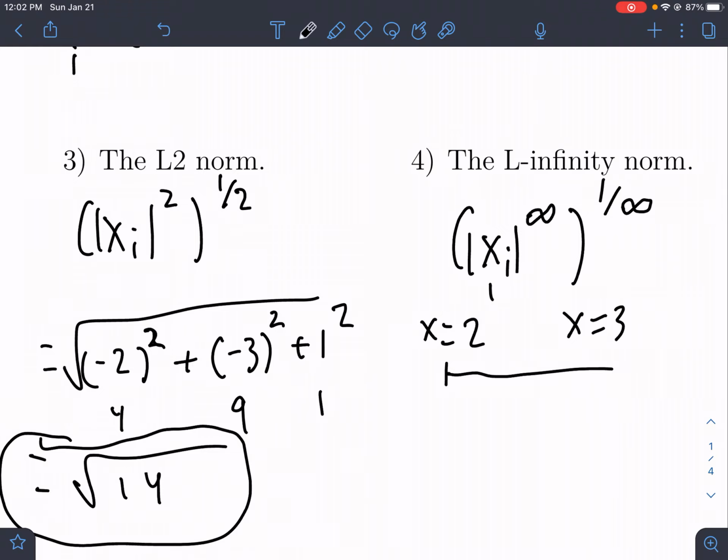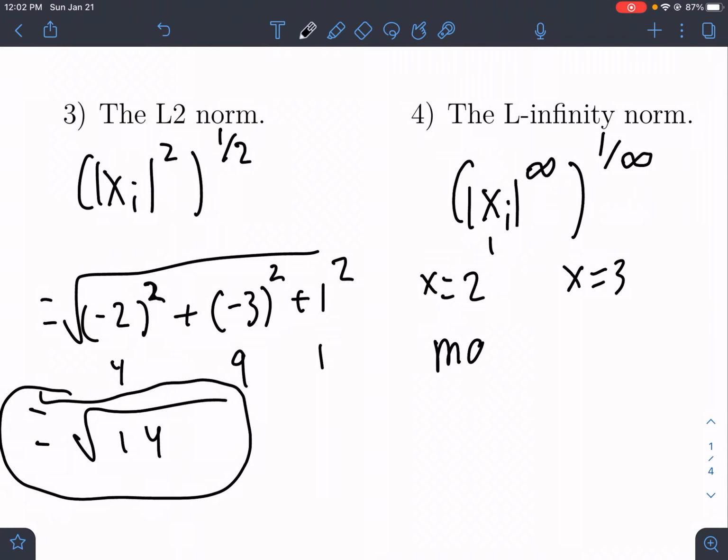If you think about this in your head for a while, you might realize that this is just the max of all x's. I guess I should say max of b.